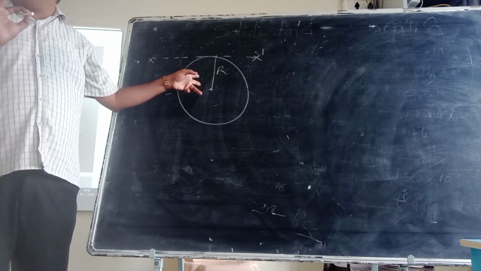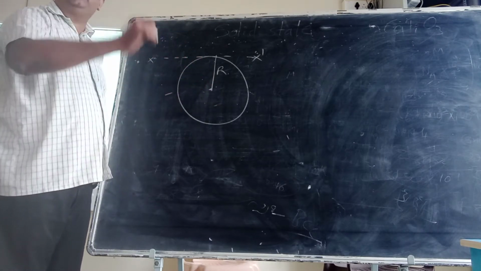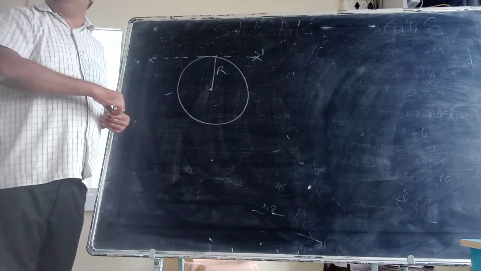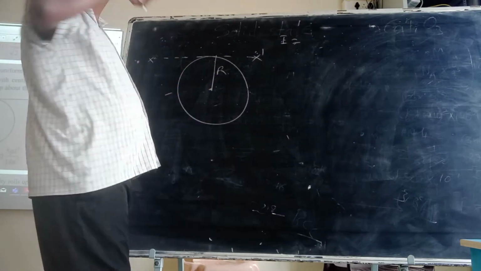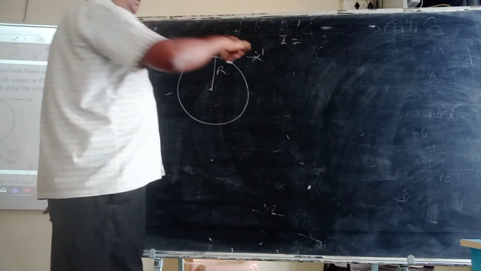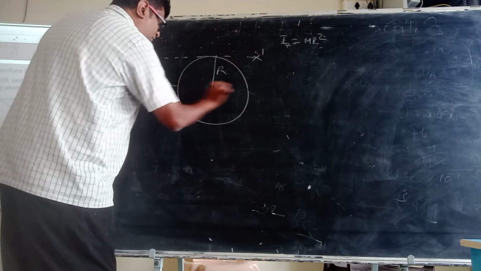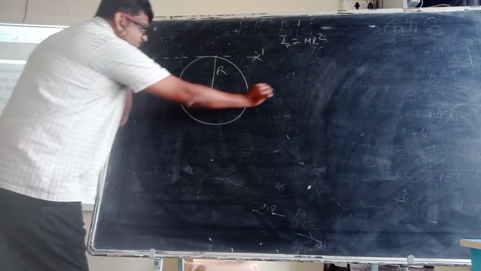Clear? mr square is the value if I imagine a rod passing through the center and I am rotating this ring. What is the I value? mr square. Matlab you can say that Iz is mr square. It is not about this axis. It is not about this axis.